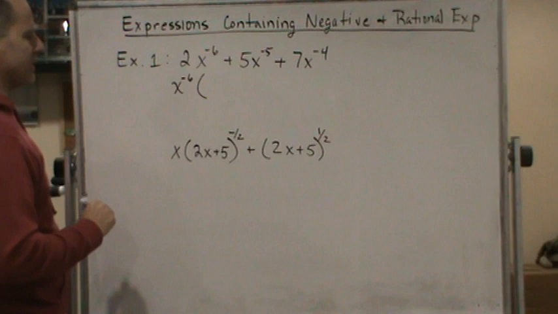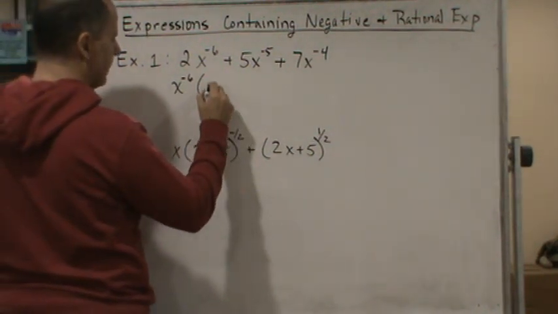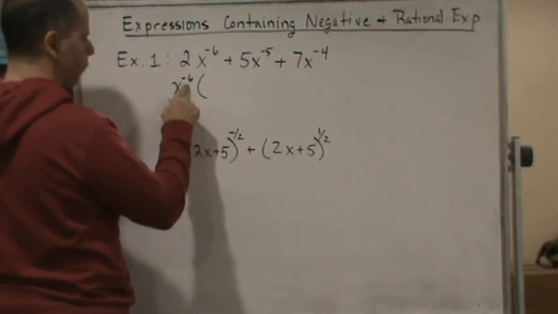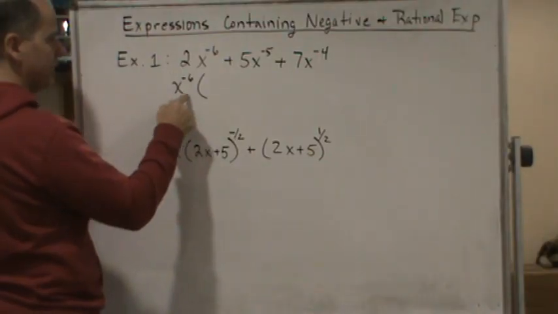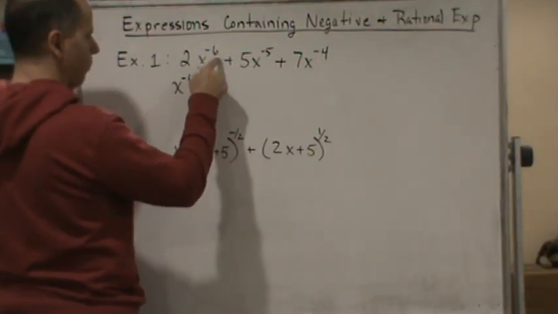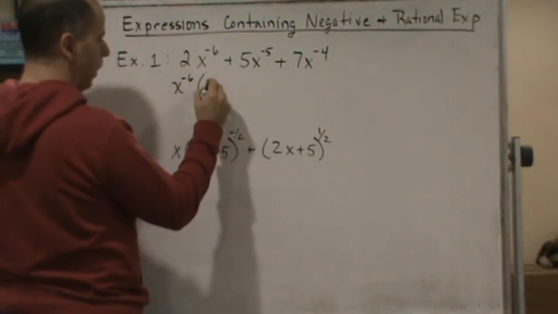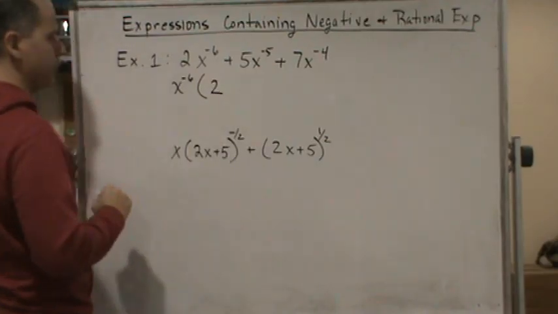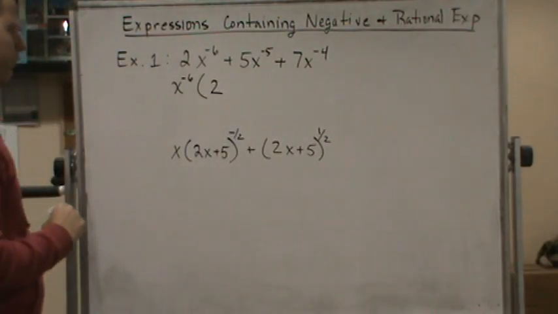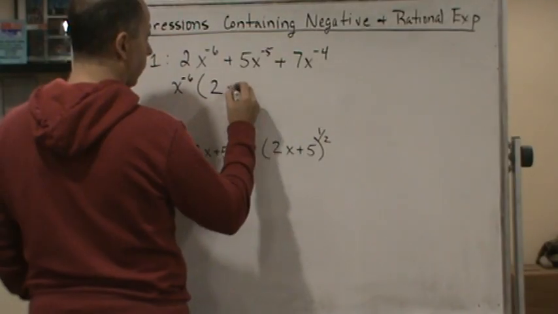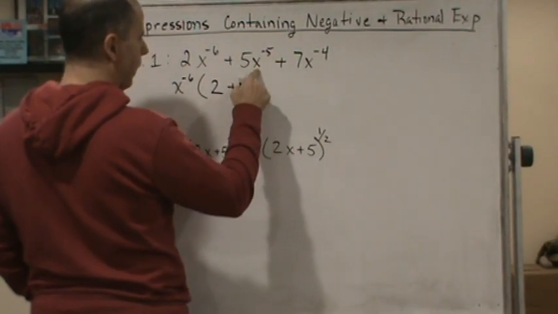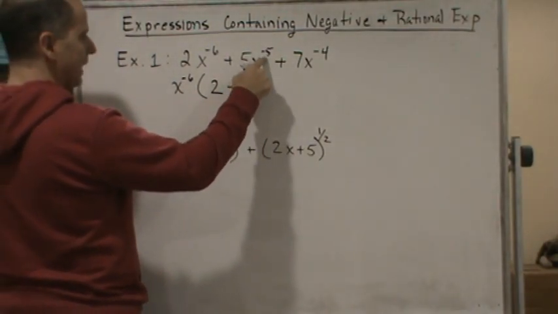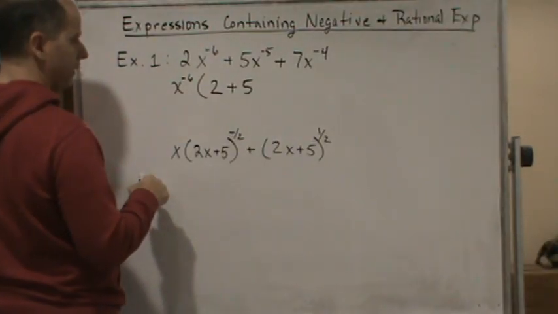So now, what's left behind? Well, in this case here, if we factor out a negative 6, that leaves nothing here except for 1. So we're going to have a 2 there. Here, we get a 5. Now, what would we have to multiply by to get x to the negative 5th?